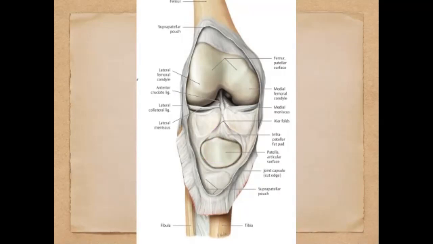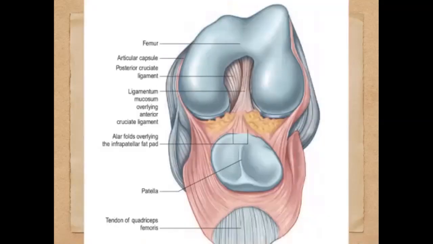Observe them: suprapatellar pouch, alar folds, infrapatellar pad. And this is a colorful representation. You see, alar folds.